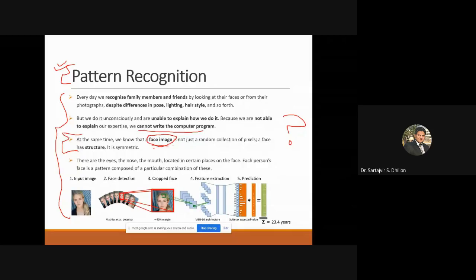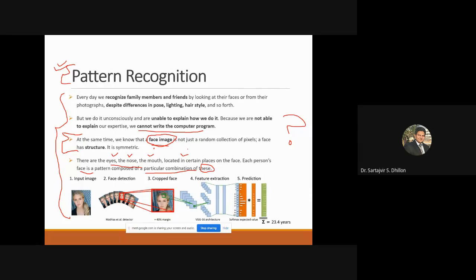Our eyes are different, our nose is different, the mouth and the locations of certain features, then eyebrows, and there are a lot of features. Each person's face is a pattern composed of a particular combination of different features: eyes, nose, mouth, and the location of certain places on the face.